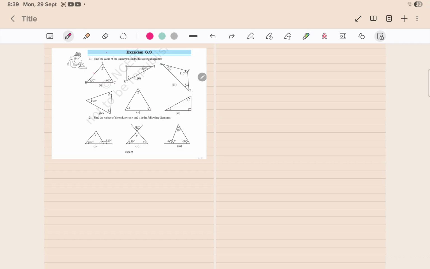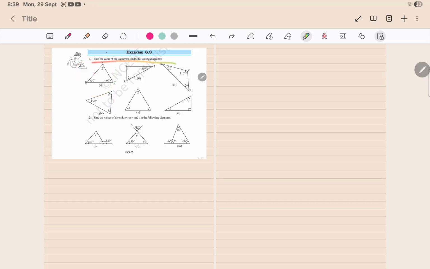Today we learn about exercise 6.3, and we learn about the property of a triangle.